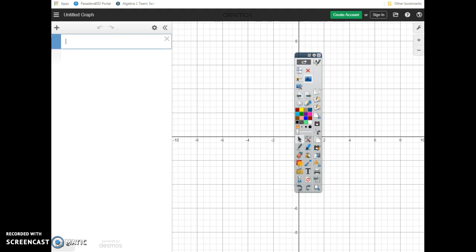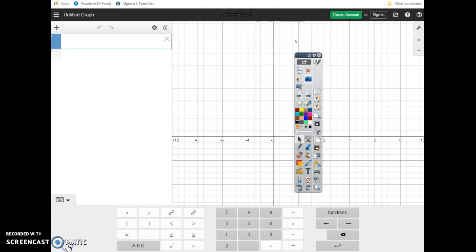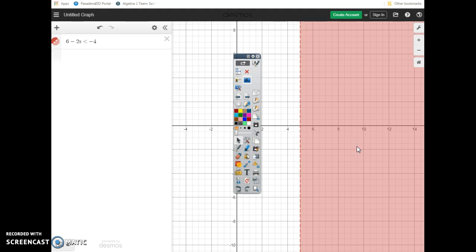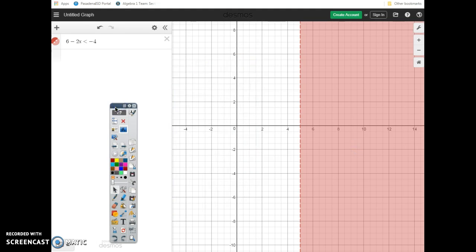I have 6 minus 2x less than negative 4. What was our answer? Positive 5, right? Where is it crossing on the x right now? Positive 5.